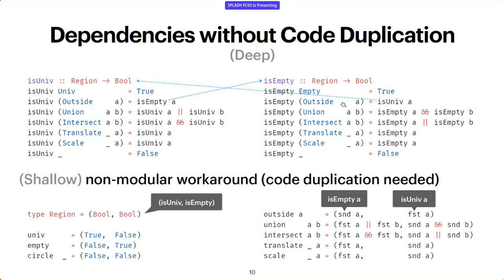If we want to recursively call the two interpretations, we need to use the Haskell functions first and second to access them. It is non-modular because the two interpretations are now coupled tightly. If you want to add a third interpretation, you need to rewrite them wholly, and of course, you need to rewrite these language constructs.